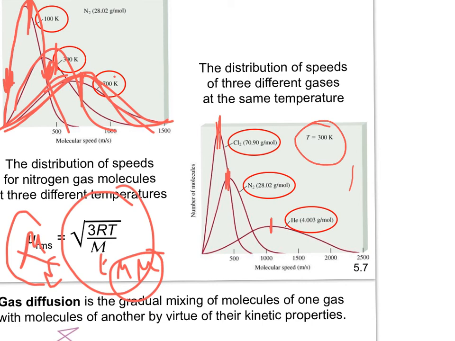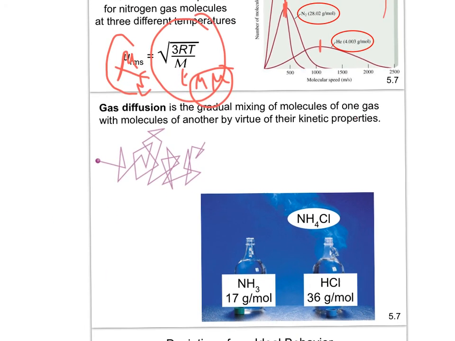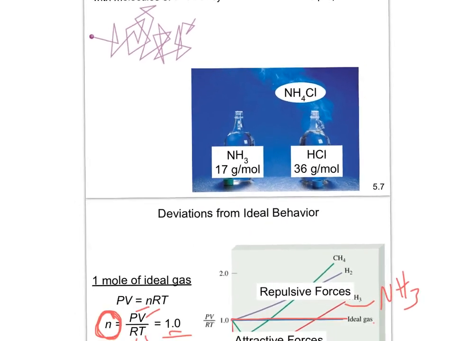But it's also interesting to note that the heavier the gas, there's less variation around the average. The lighter the gas, yes, the average gas speed is higher, but there's also a lot more variation around that average.